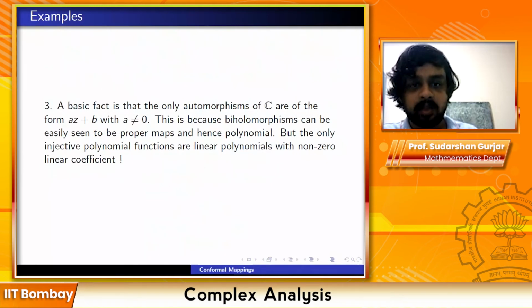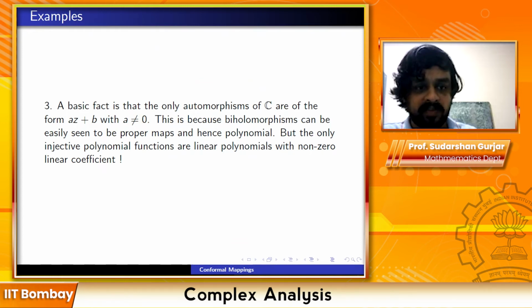A basic fact is that the only automorphisms of the complex plane are of the form az plus b. If you remember, this was one of the tutorial exercises. In fact, the only injective functions from C to C are of the form az plus b. So in particular, the only automorphisms of C are of the form az plus b with a not equal to 0. And I've written a line of explanation.